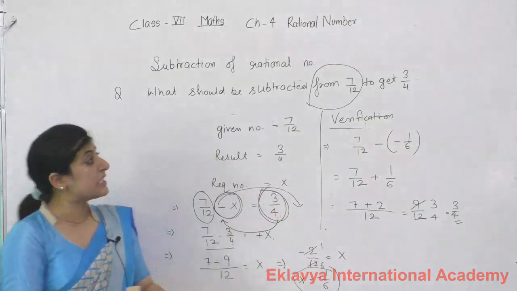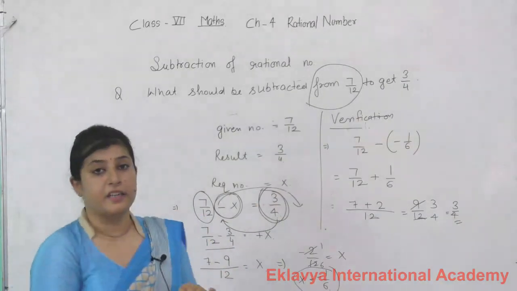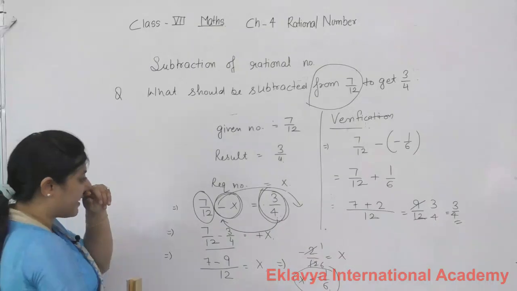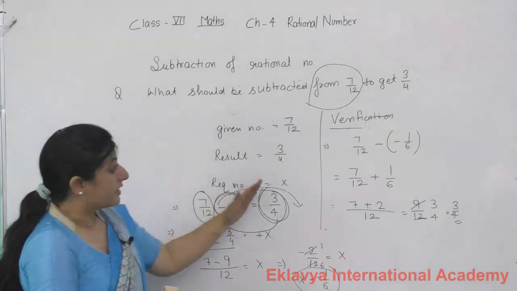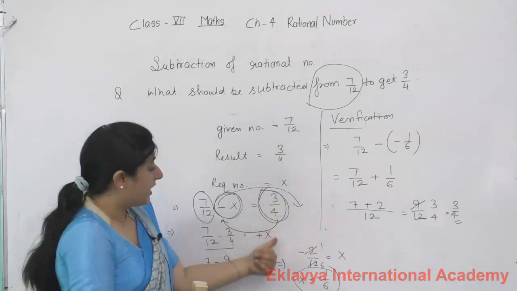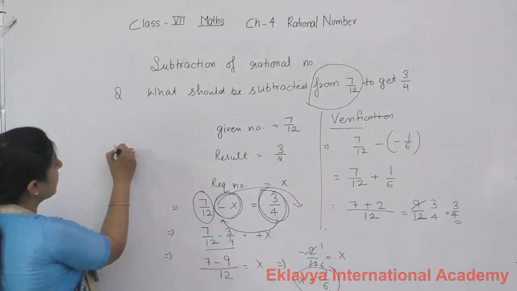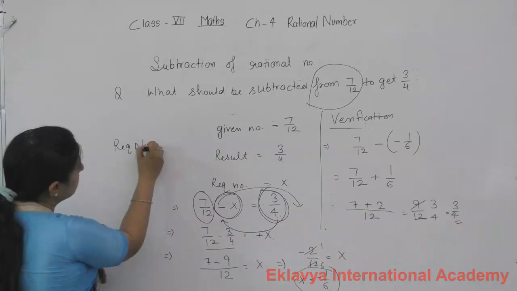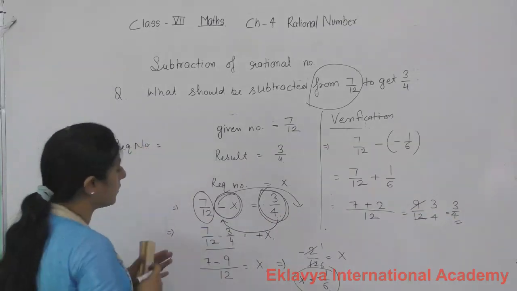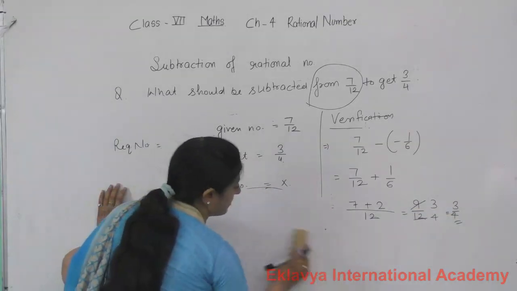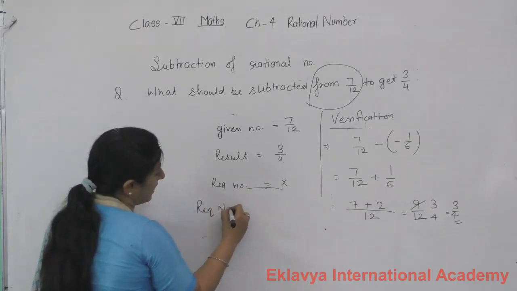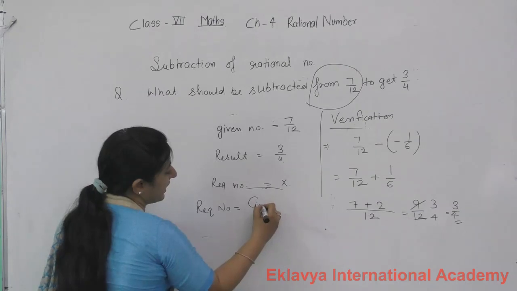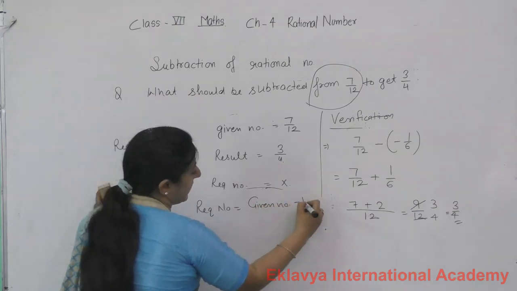This is the process according to the statement. Or if you want to take the direct result, then see, now the required number is equal to given number minus result.